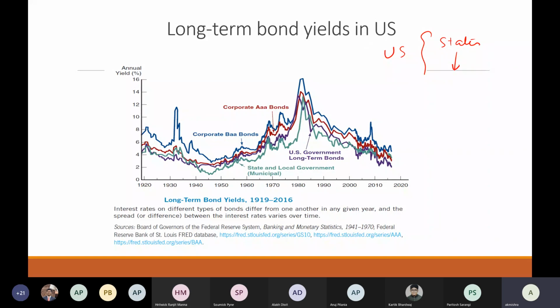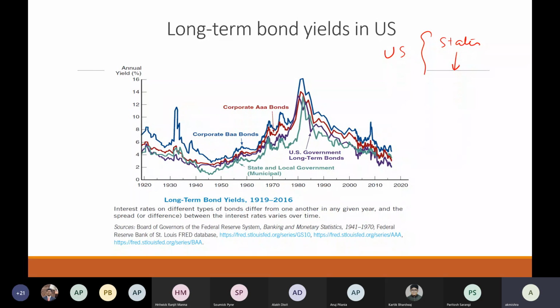But in the US, because states are independent entities, they can go and raise capital on their own. If a state is contributing more to GDP, probably that state is stronger than the overall US government security.